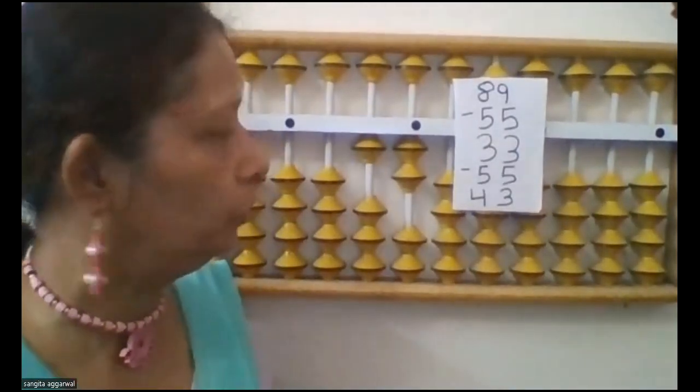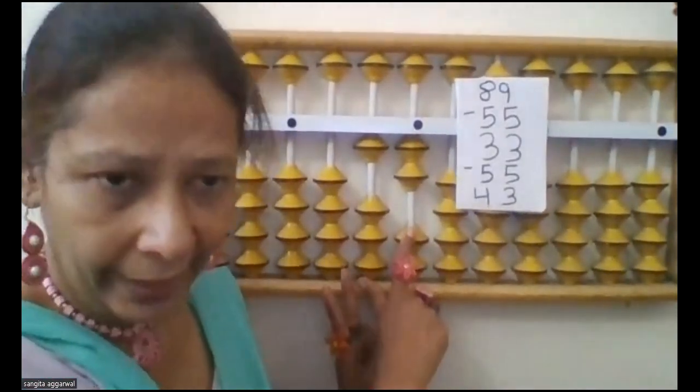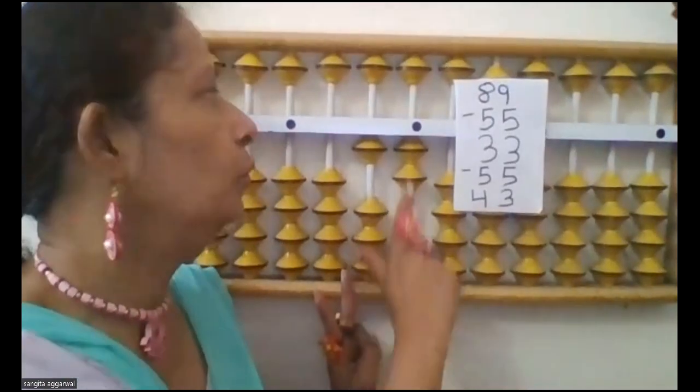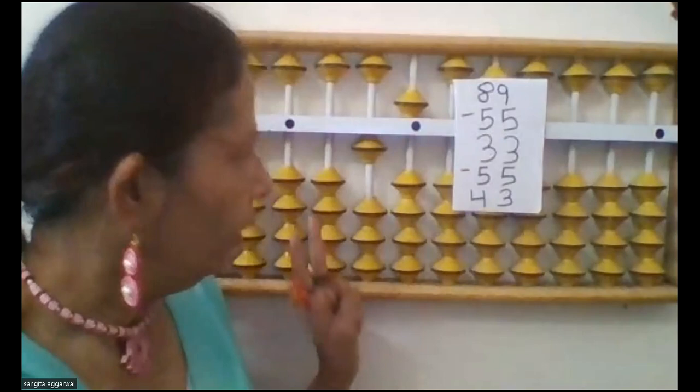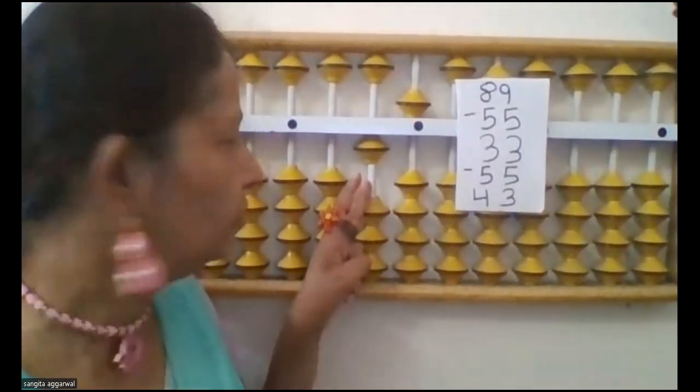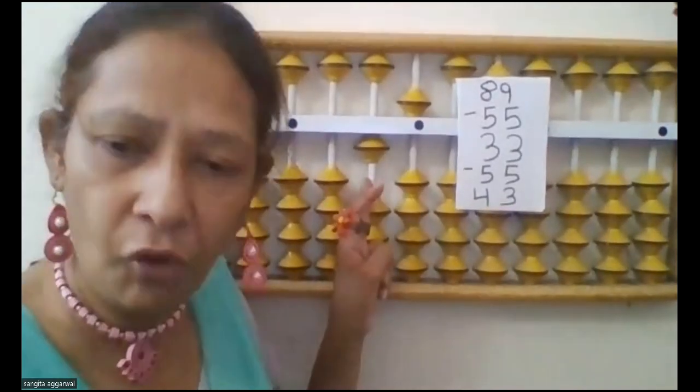Now what is important here is you have to do here add 43. So you can see here to add 3 you will use the formula add 5 minus 2, and on the tens row you can see you have to do add 40.